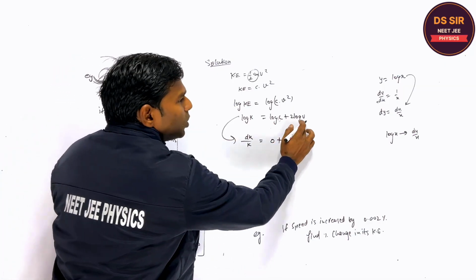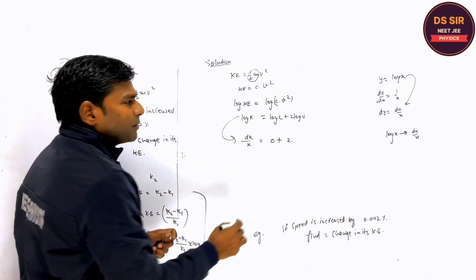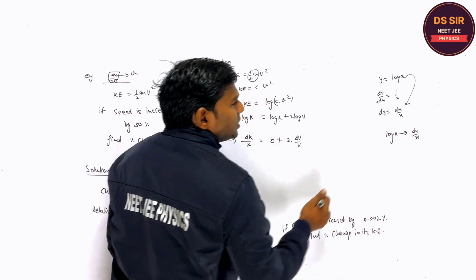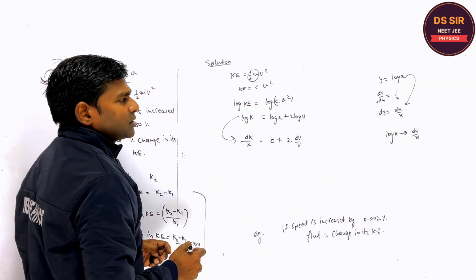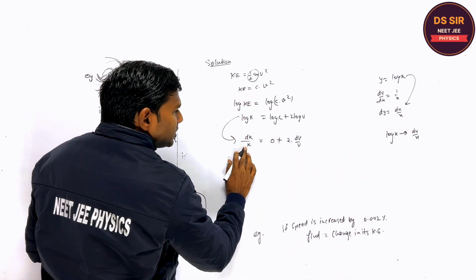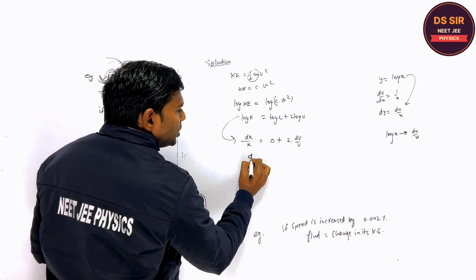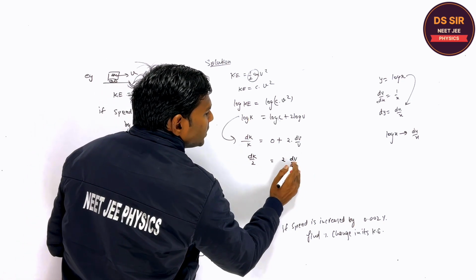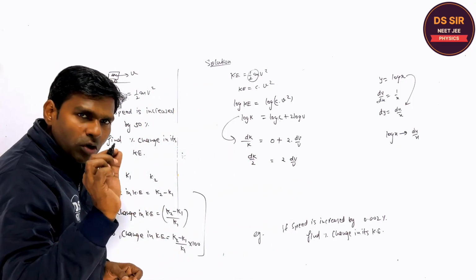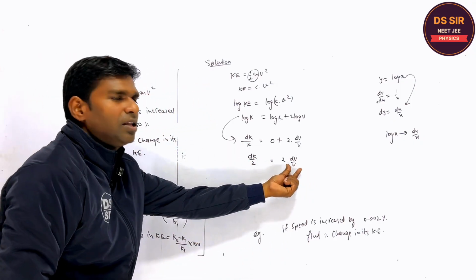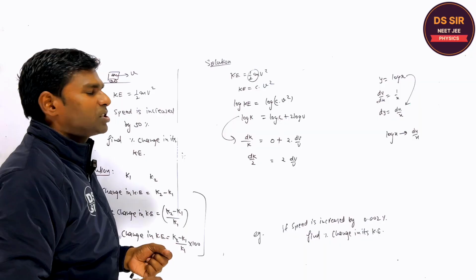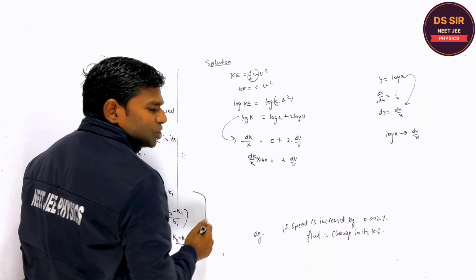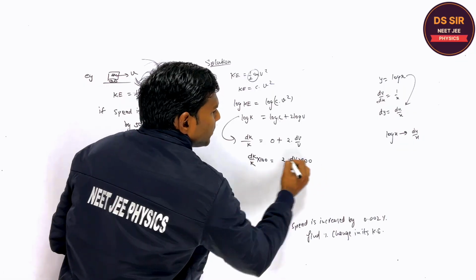This is 2 into the differentiation of log v, which is dv upon v, because the differentiation of log x is dx upon x. Are you getting or not? This gives dK upon K, the relative change in the kinetic energy, is equal to 2 times the relative change in the speed. For a small change in the speed, we will use this relation for finding out the percentage change. This is the percentage change.